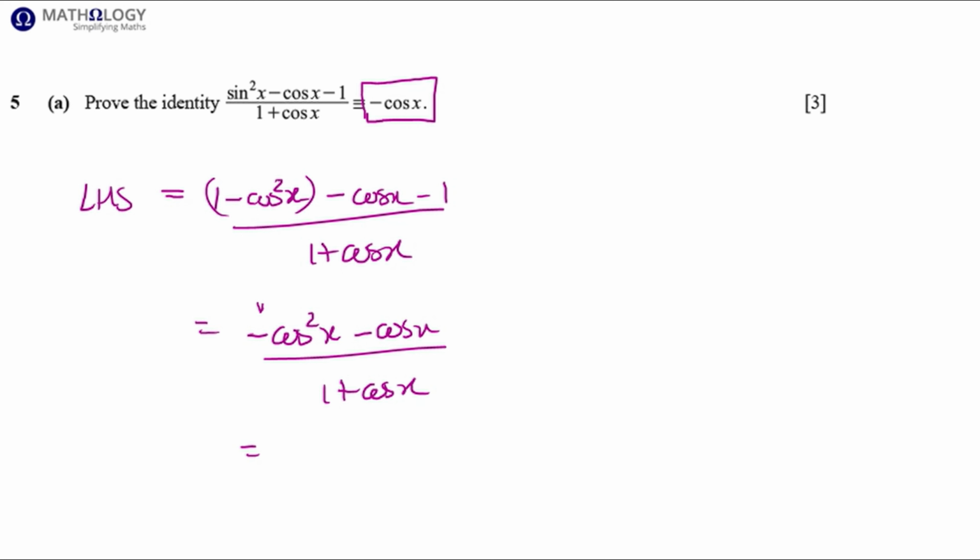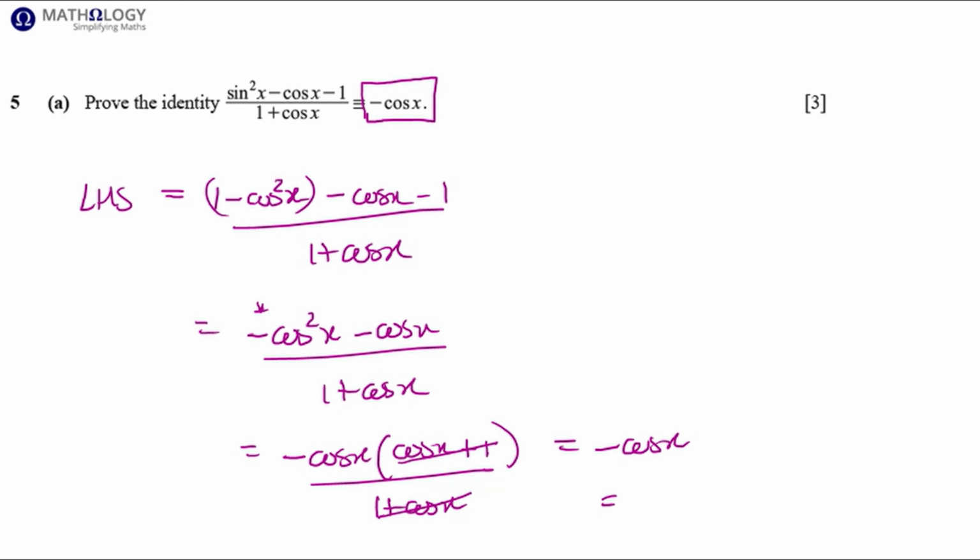In the numerator, we can now factorize and take out a common factor of minus cos x, and we are left with cos x plus 1 over 1 plus cos x. Cos x plus 1 is the same as 1 plus cos x, so the division of that will give us 1, which means we're left with minus cos x, which equals the right-hand side.